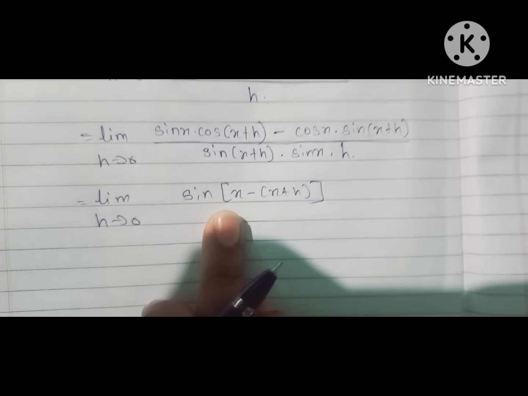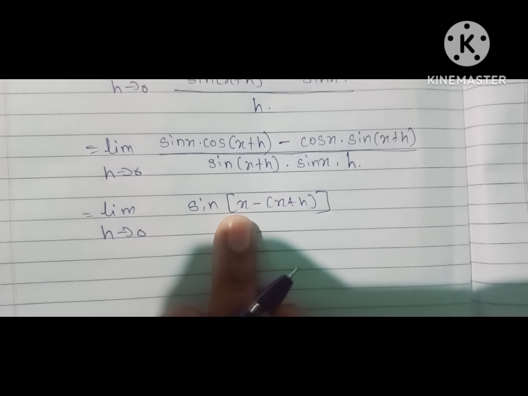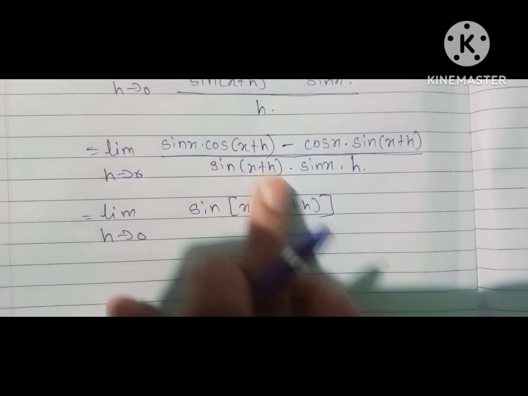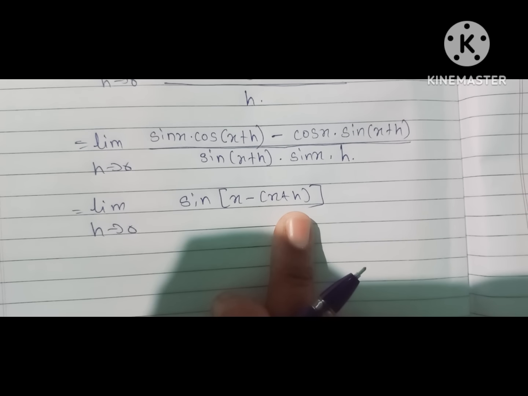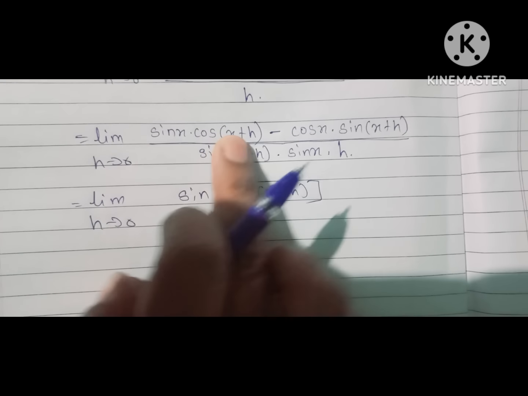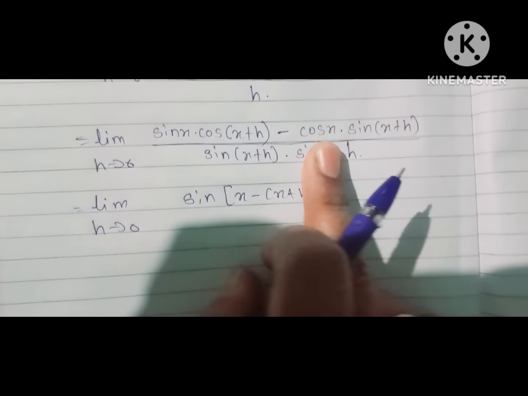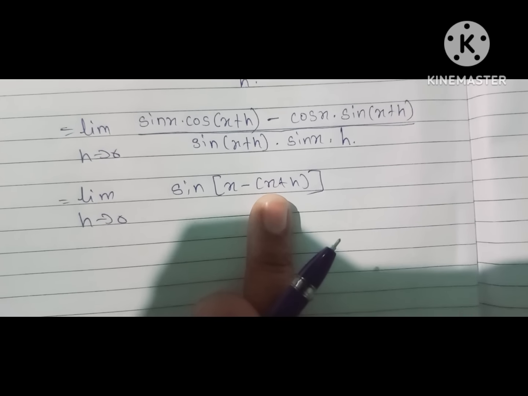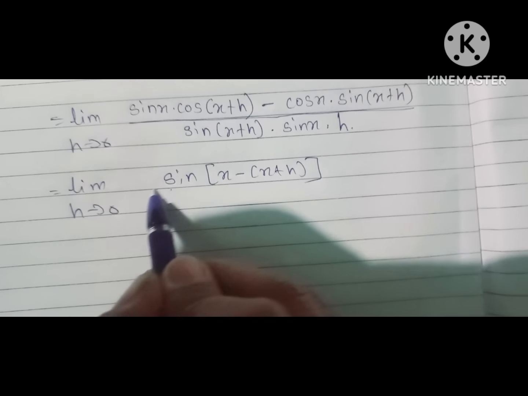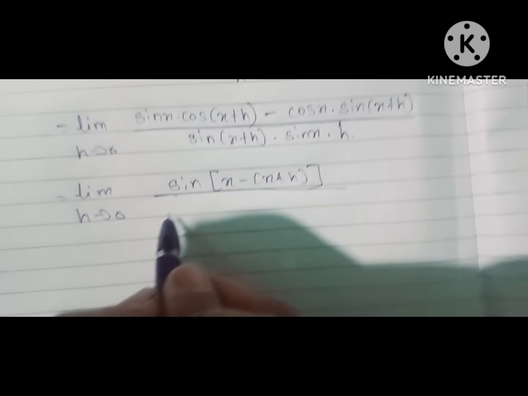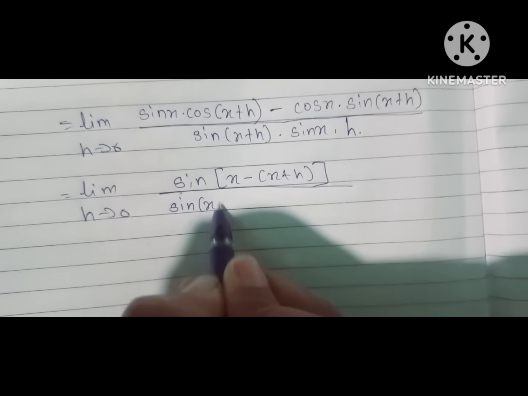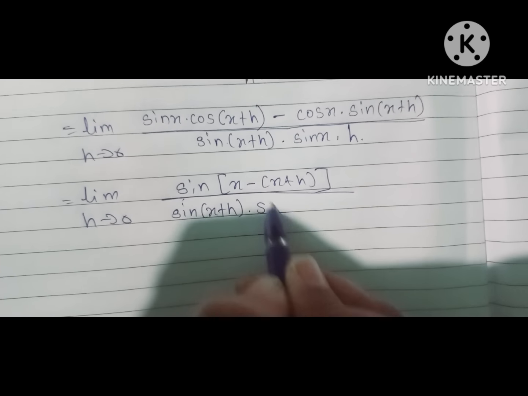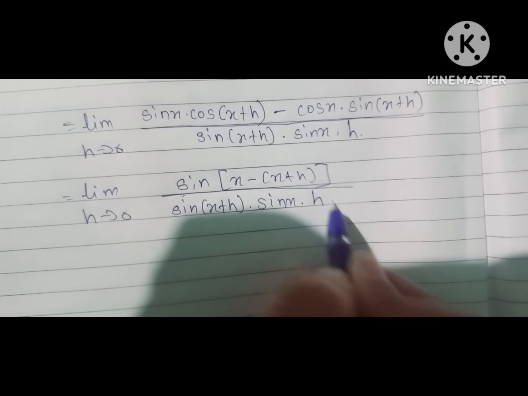The value of a is x and the value of b is x plus h. So sin a cos b minus cos a sin b is sin of a minus b according to the formula in trigonometry. And here it is sin of x plus h into sin x into h. The denominator is as it is.